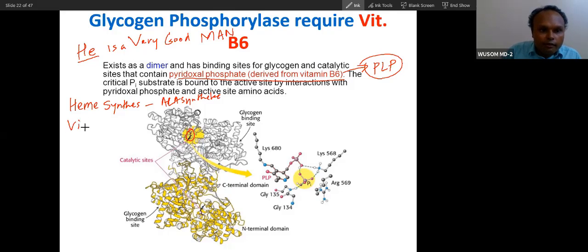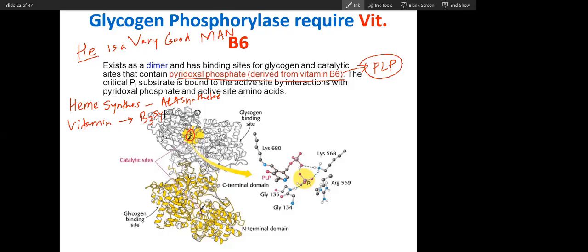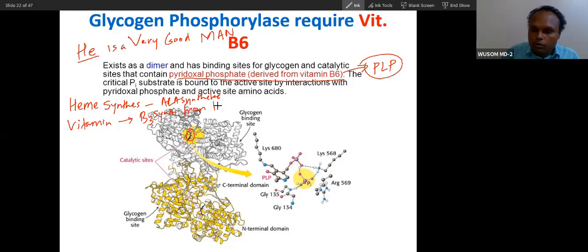V for vitamin synthesis. Which vitamin synthesis? Vitamin B3 synthesis from tryptophan. Amino acid conversion to vitamin B3 with the help of this vitamin B6. G for glycogen breakdown, this phosphorylase.